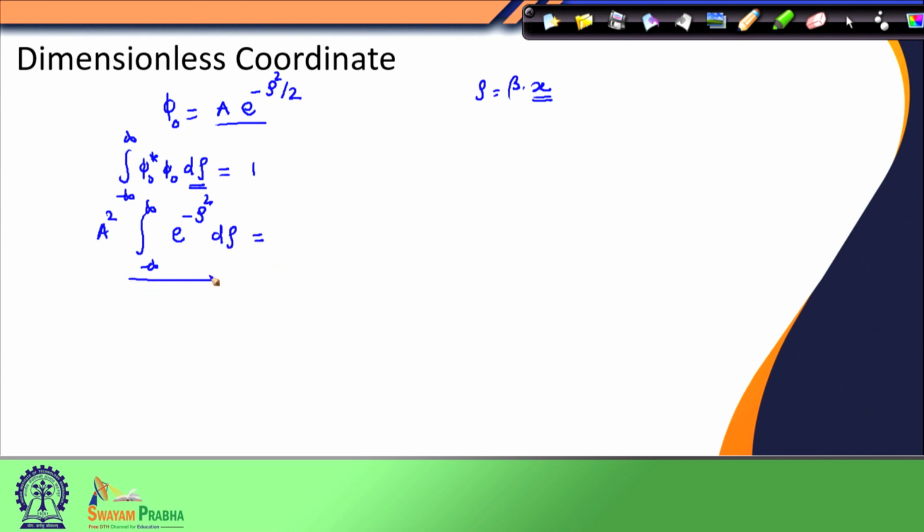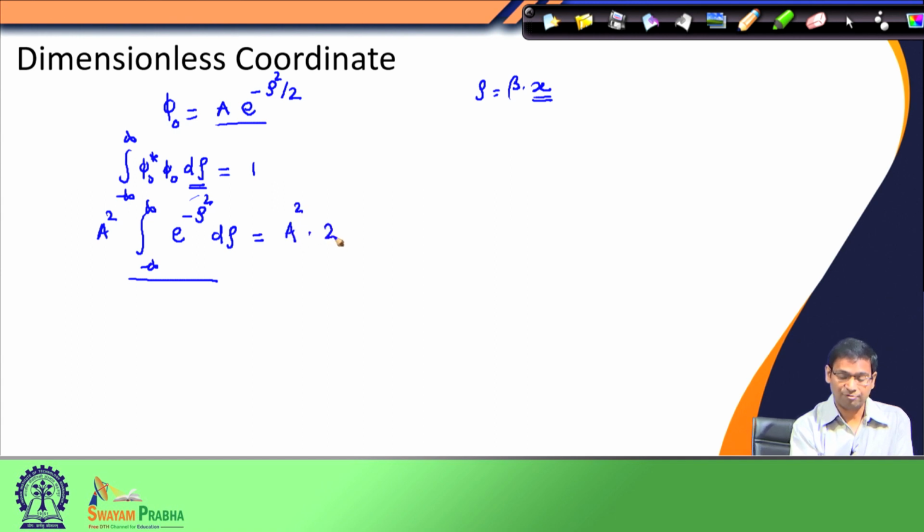This is the integral that we have to evaluate, but you know that this is a Gaussian function, which is an even function. So, instead of evaluating this integral from minus infinity to plus infinity, I am going to evaluate it from 0 to plus infinity and multiply by 2, because the integration between 0 to plus infinity is equal to the integration between minus infinity to 0.